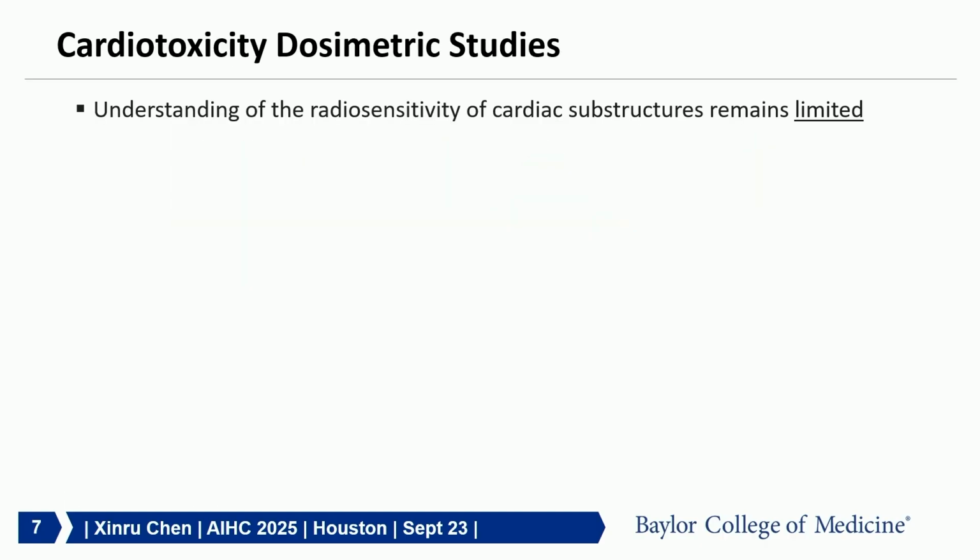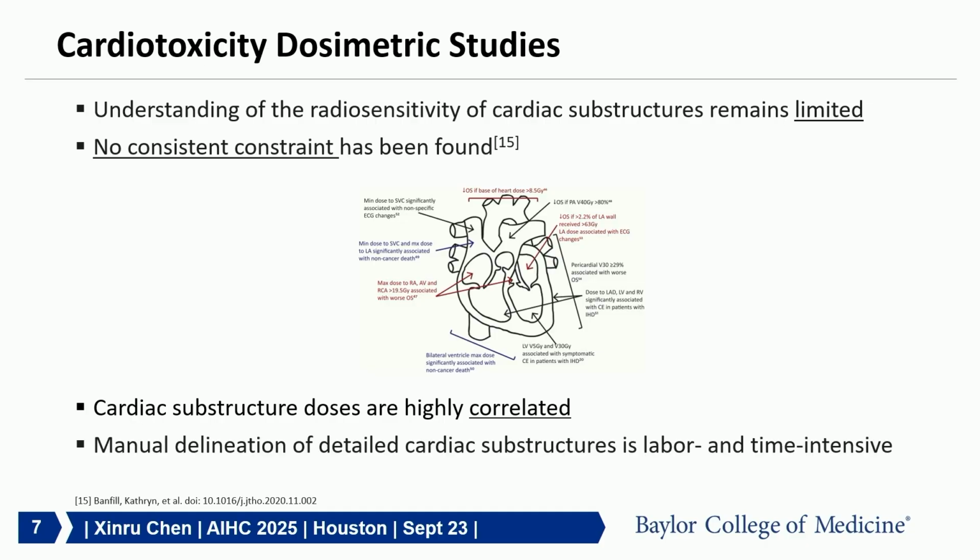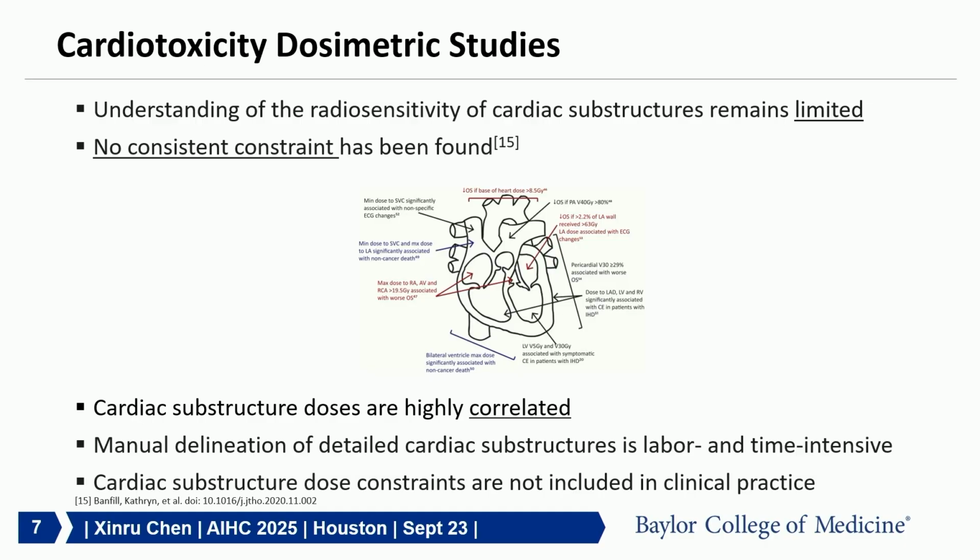However, during the whole process, the understanding of the radiosensitivity of cardiac substructures remains very limited, and no consistent constraints have been found. One of the potential reasons is that cardiac substructure doses can be highly correlated, and not all of the studies cover a comprehensive set of cardiac substructures, because manual delineation is quite labor and time intensive. Therefore, cardiac substructure dose constraints are not yet included in clinical practice.